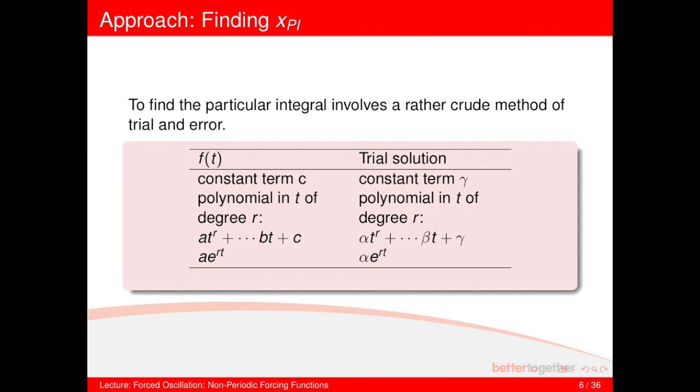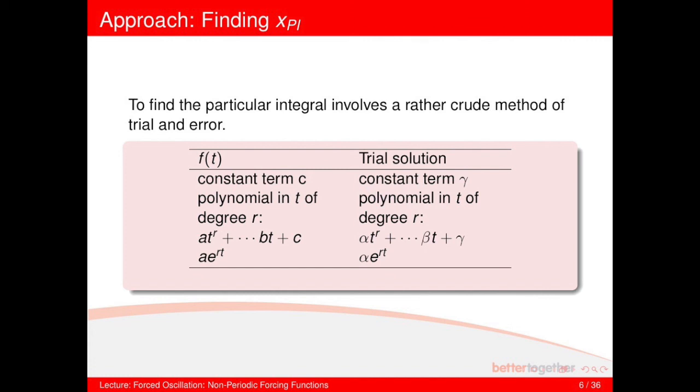Basically, if your force is a constant term, then you make a trial solution that's a constant term, and you solve for what the unknown is. Here, for the constant term, I've called it C, and I try a trial solution, and these Greek terms down here are all the things that we're going to try and work out. If it's a constant term, then I'm going to try a constant as my trial function, and we go through and solve it.